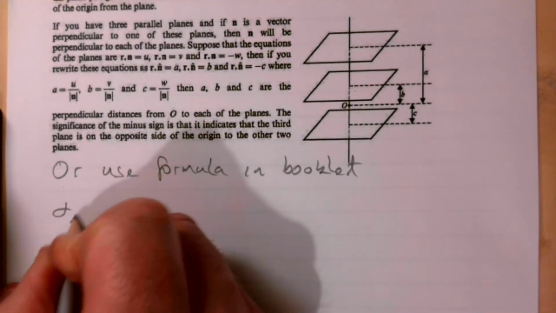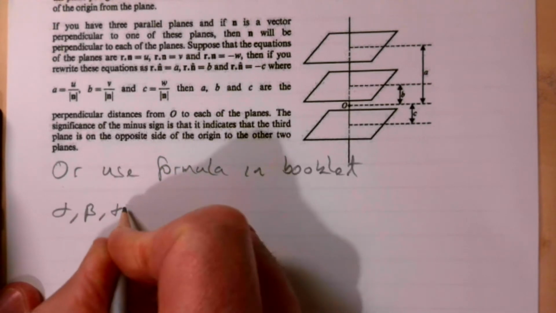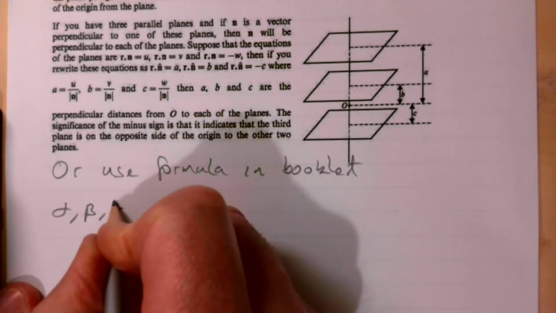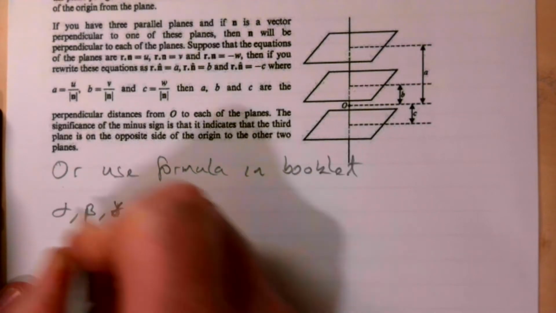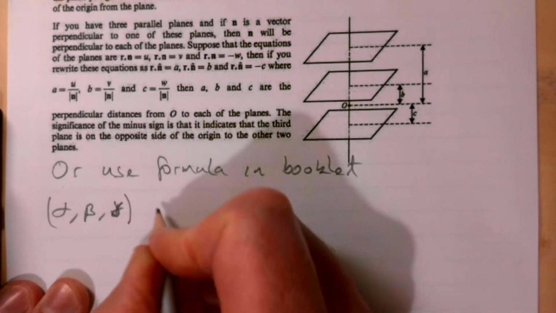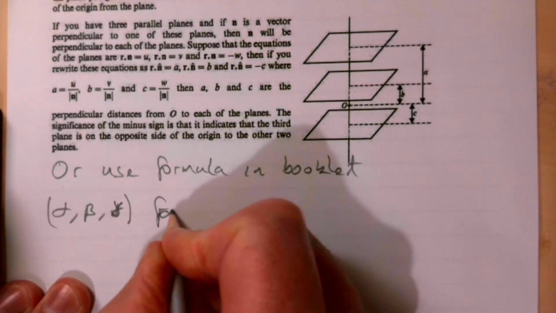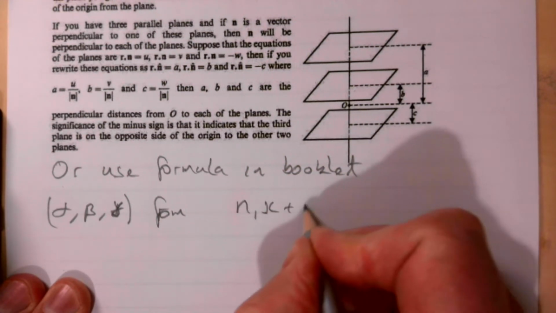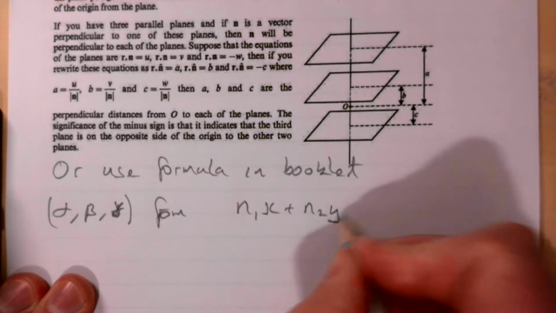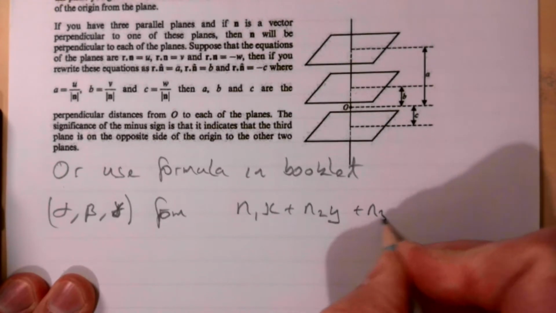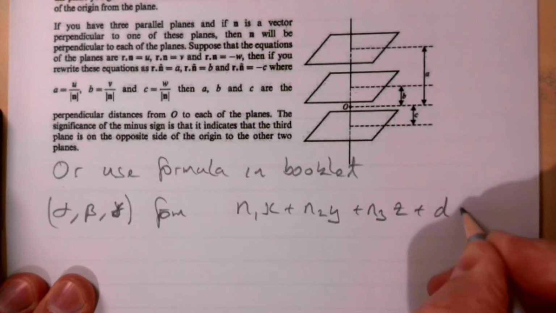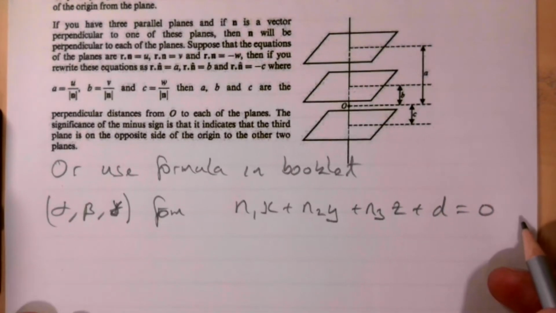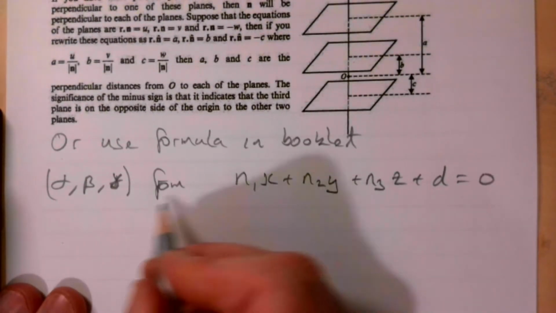If you have a point (alpha, beta, gamma), and the plane is from the equation n1 x plus n2 y plus n3 z plus d equals 0, so there is your plane.